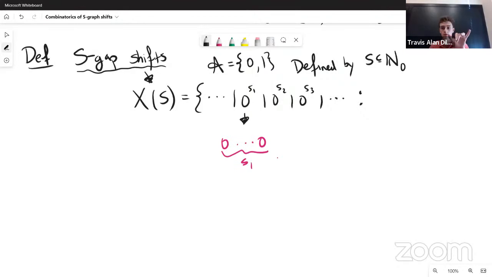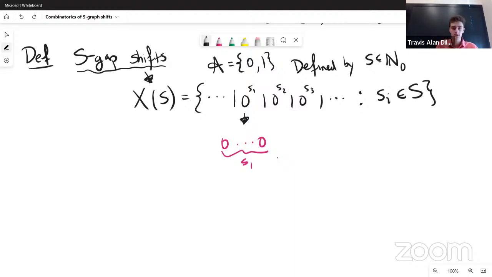So it's the set of sequences of this form that satisfy the condition that every block of zeros has length that's inside my defining set S. So really what this is saying is that between any two consecutive ones, the number of zeros is an element of your defining set S. So this is something you can define. It's parameterized by subsets of natural numbers, so there are many of them.